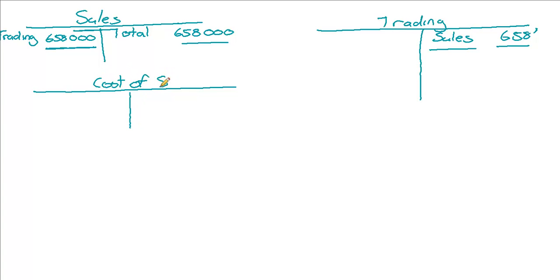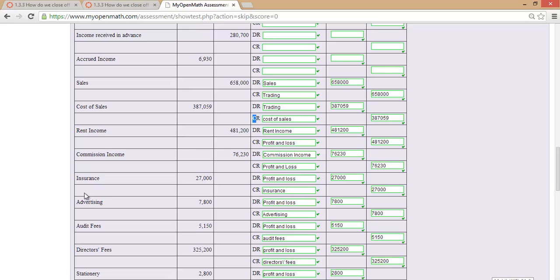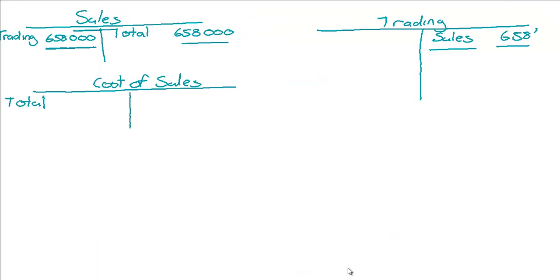We have a total of 387,059. So to close this off, I need to put an equal amount on the credit side.